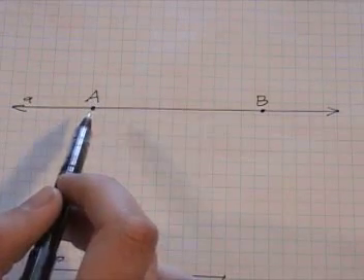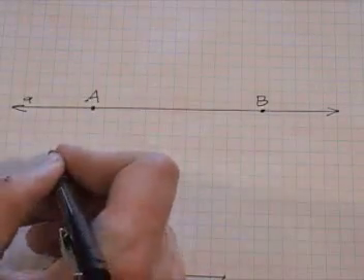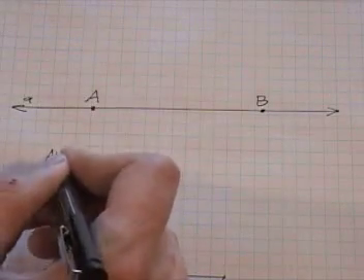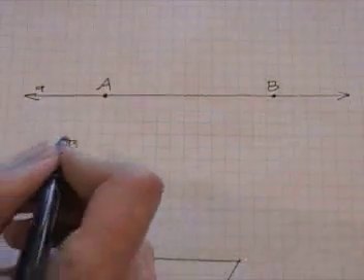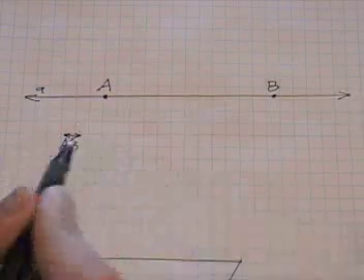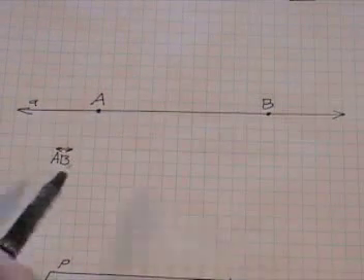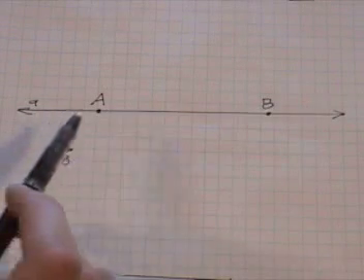Okay, there only happens to be 2 that we've named, so we're going to use those ones. You write them right next to each other, like this, A, B, and the important thing is you write a little tiny line above them. And that means you're talking about the line that contains both A and B, this one right here.